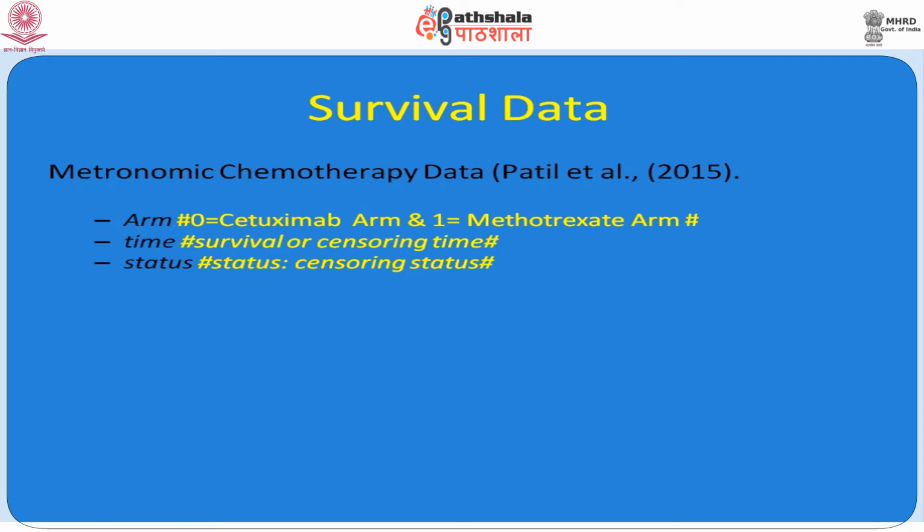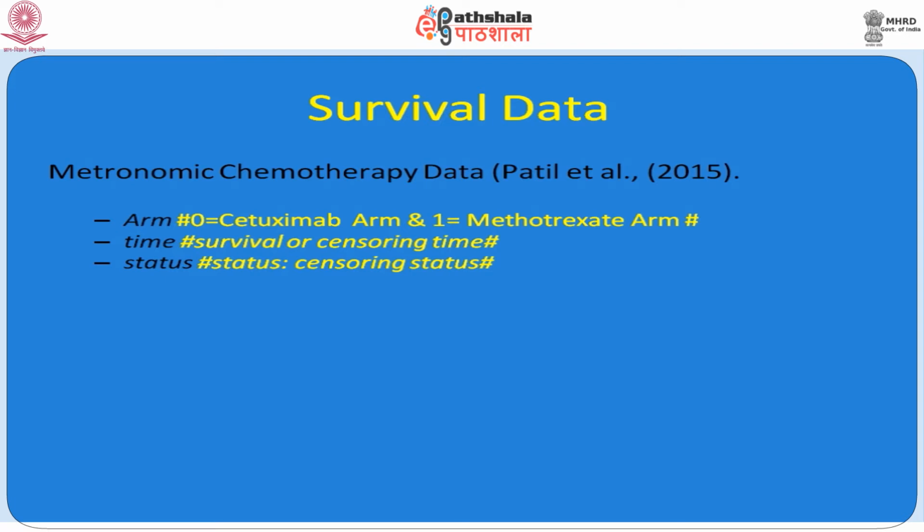But here the same variable is represented by status, where status is denoted as 1 if the patient is censored and 0 if the patient died. So we need to keep this in mind when considering the variable: what is the coding of the variable, dead or alive, censored or not censored.